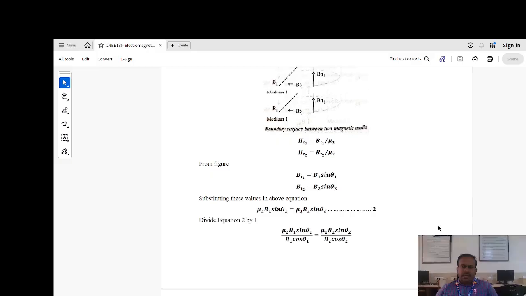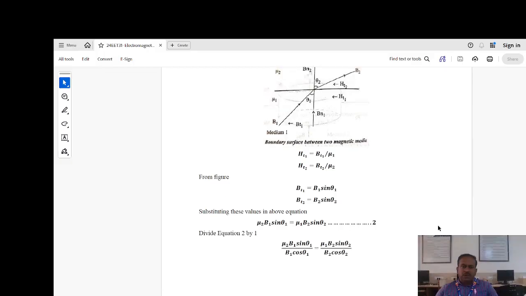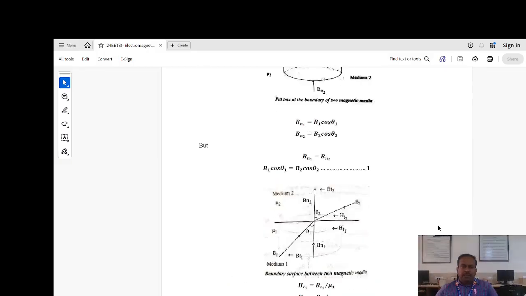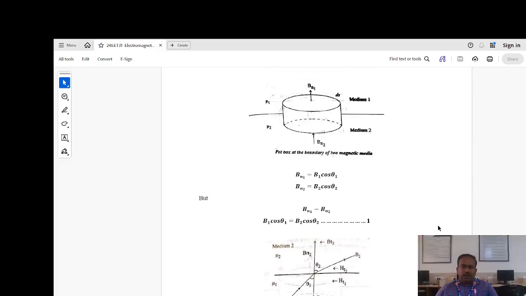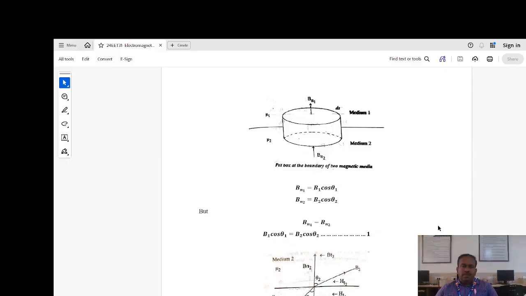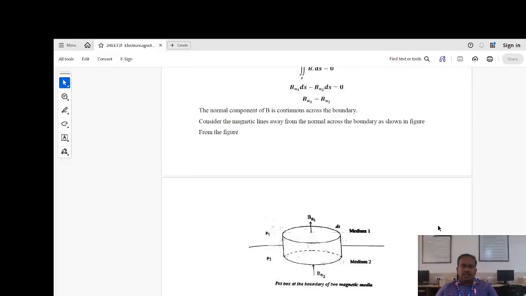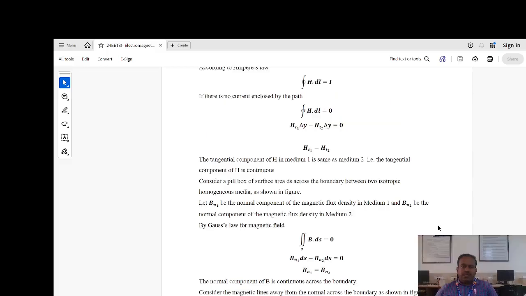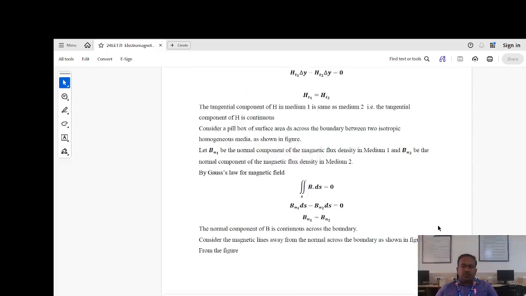This is the case for the boundary surface between the two magnetic media, with the normal component and the tangential component. For the normal component we use Bn1 equal to Bn2, whereas for the tangential component we use Ht1 equal to Ht2. Also, angle deflection takes place at the magnetic material.